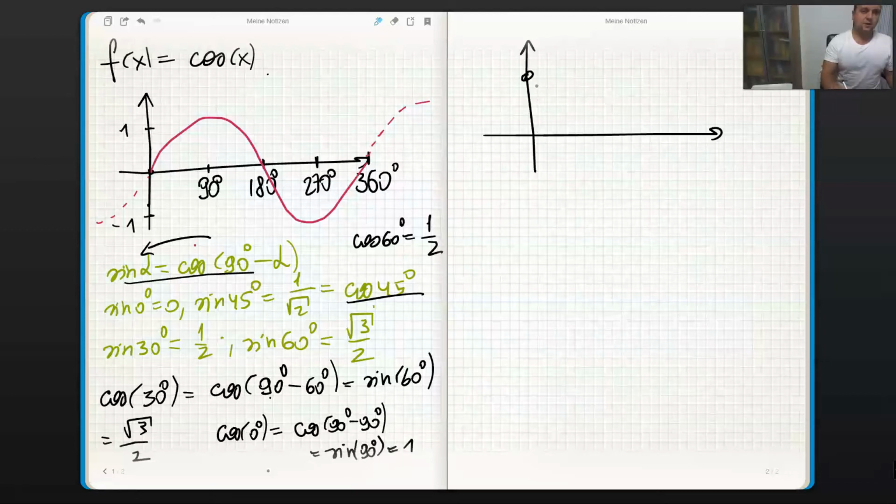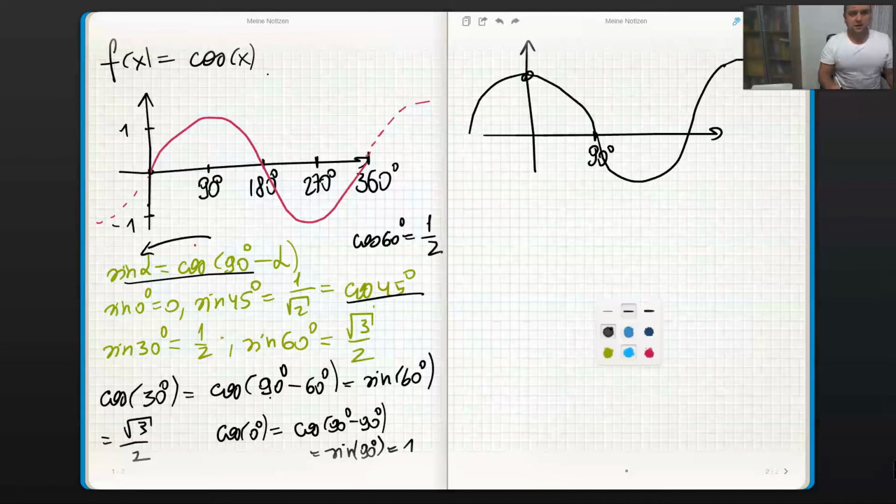So this is how it works, and at 90 we are at 0. So this is the same curve we've been having with the sine, just slightly shifted. This is where the name complementary sine, so just added sine, is coming from.